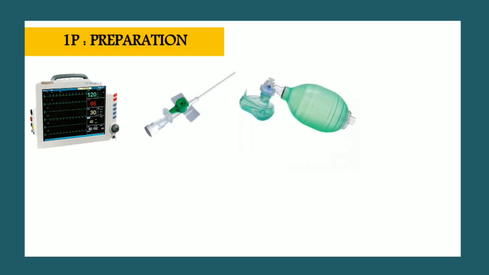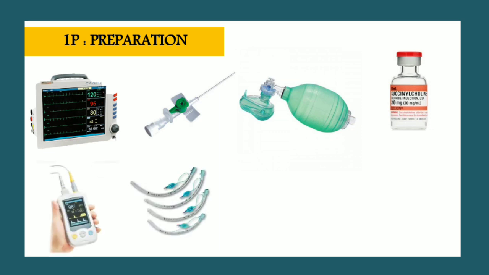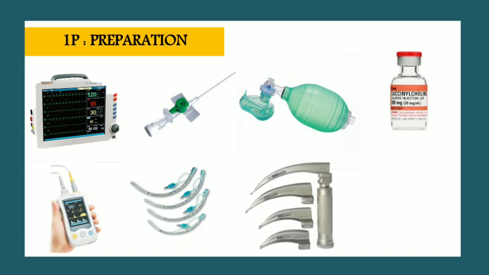Bag valve mask, Yankauer suction, end-tidal carbon dioxide, that is to capture the capnography, functioning laryngoscope with blade of choice, endotracheal tube of appropriate size, check cuff, load and shape stylet, 10 ml syringe, all medication to be kept ready for administration, assess for possible difficult airway. So these are the things that need to be prepared before starting an intubation.